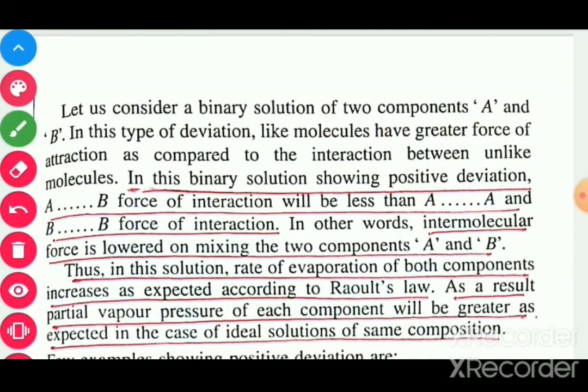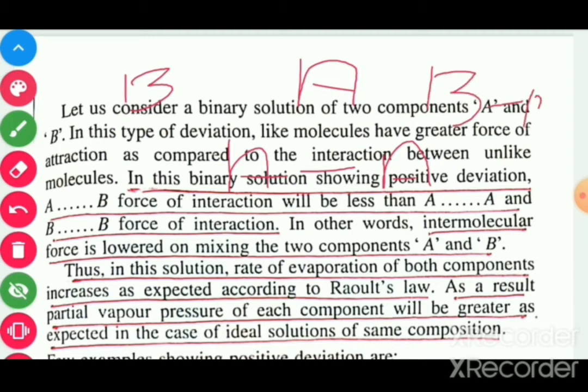Let the solute particle be written as B and the solvent particle as A. The force of attraction, that is the interaction between solvent particles, we take generally as AA. In the case of B, we take the interaction as BB interaction.